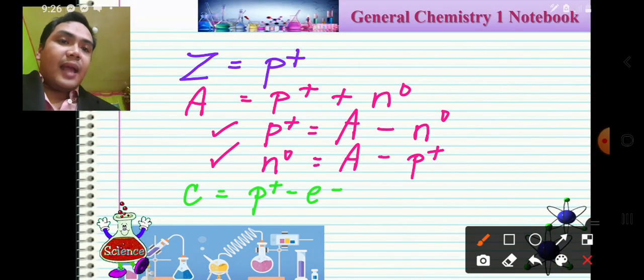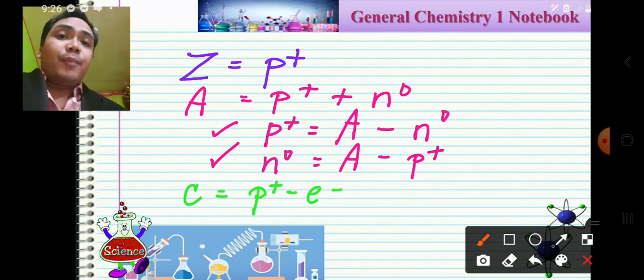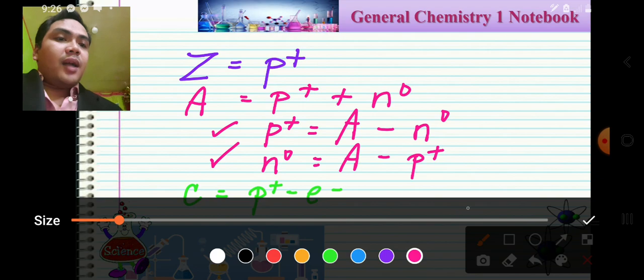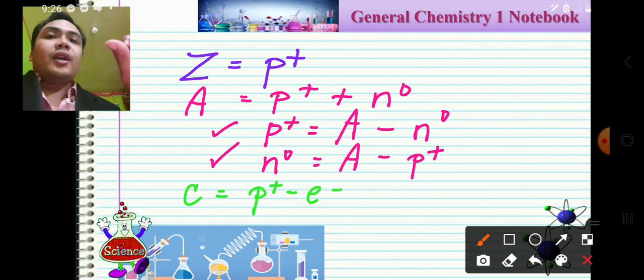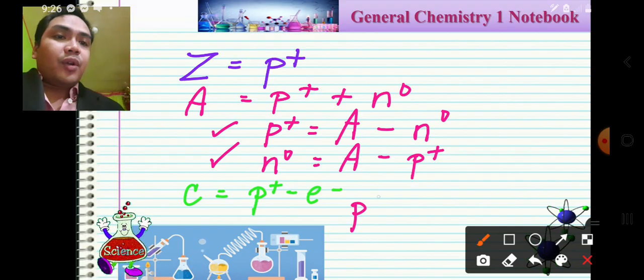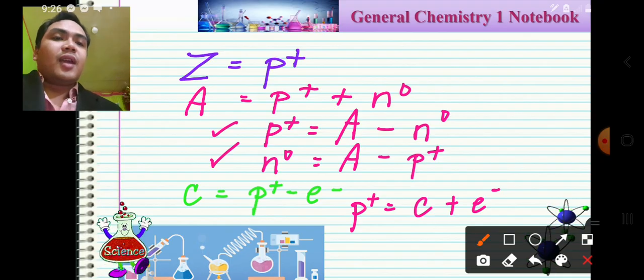What if we don't know the number of protons, but the number of electrons and the charge of the ion are given? Then protons will be equal to what? You are correct. That will be the charge plus the number of electrons.